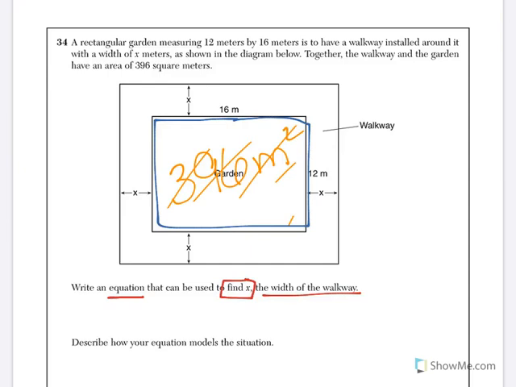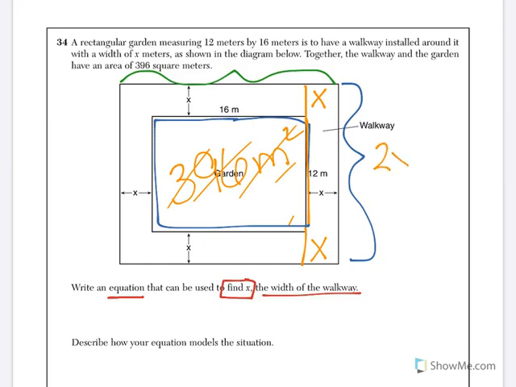So what we need to figure out is what is the length and the width of this entire garden and walkway rectangle. Here's how we do it. If the side of the garden is 12, and then we add on the width of the walkway x and the other part of the walkway x, then one whole side will be 2x plus 12.